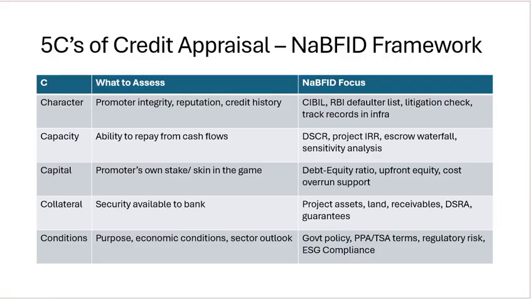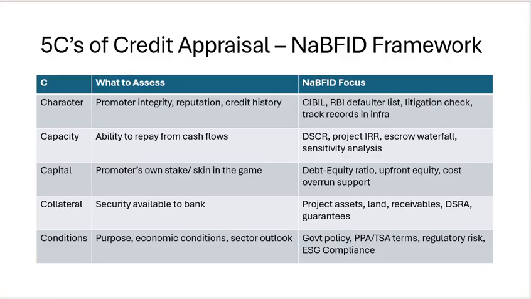NaBFID will focus on government policy, how much government involvement there is, and then the power purchase agreement, the public-private partnership or the TSA terms, regulatory risks, and ESG compliance and how far they are satisfied. We also look at all the clearances required from the environmental, social and governance teams and other internal or external stakeholders who need to give approvals for that project. We need to check and verify this as an analyst.